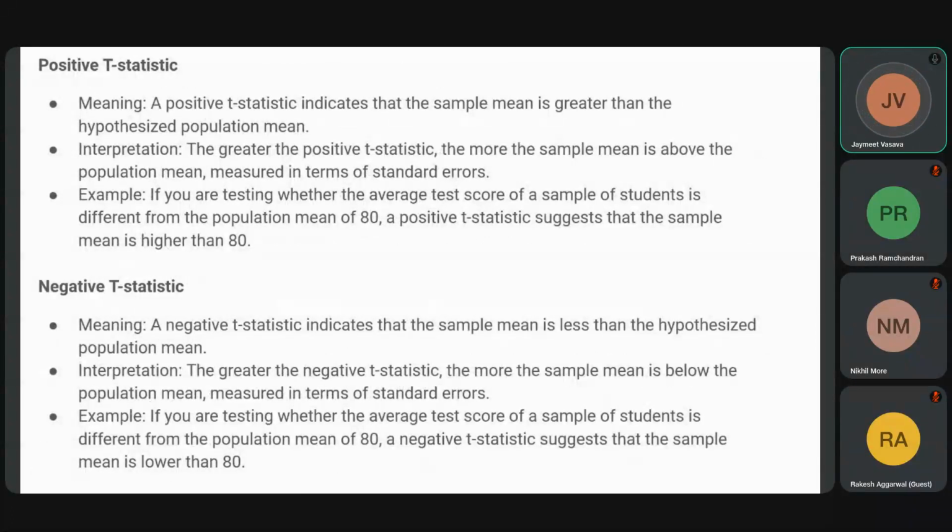If you are testing whether the average test score of a sample of students is different from the population mean of 80, a positive t statistic suggests that the sample mean is higher than 80. A negative t statistic means that the sample mean is smaller than the population mean. Taking the same example, if the population mean is 80 and we get a negative value, it means that the sample suggests the mean is lower than 80.